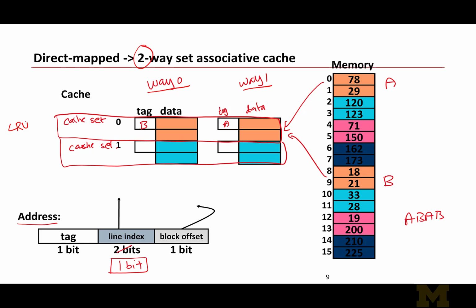So if both cache lines are occupied by some cache blocks, and a new cache block comes around and happens to map to the same cache set, which is not true in this example, but assume that A, B, and C all map to the same cache set, now you have to find a victim and evict it.